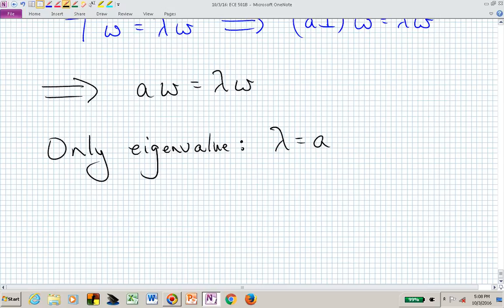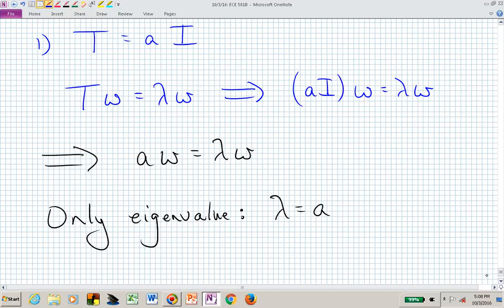And what are the vectors W that satisfy that relationship? Now I want A times a vector equal lambda times a vector, meaning I want to map a vector W through this identity map and have it equal A times that vector. What vectors will that be true for?